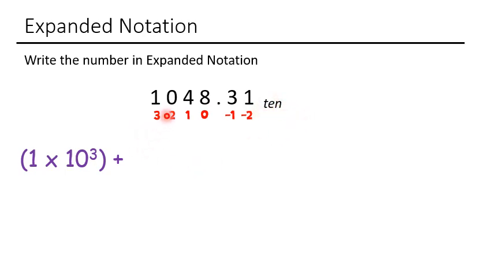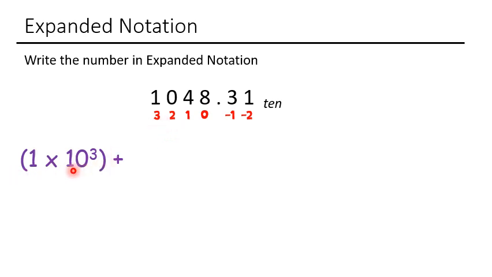Okay, so now we're going to look at this first number right here. And we have that expanded notation, and it's 1 times 10 to the third. Now, the 1 comes from right here. That's the actual number. 10 comes from your base, and then 3 comes from the place value.